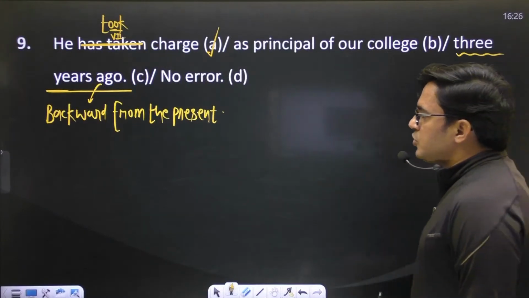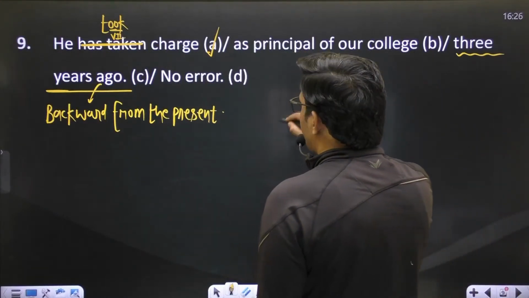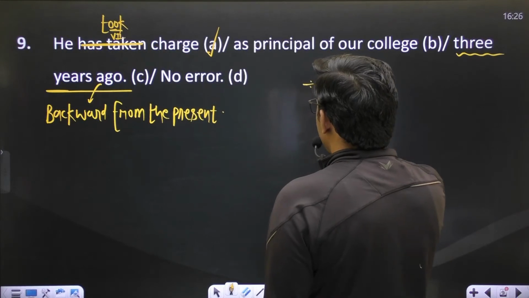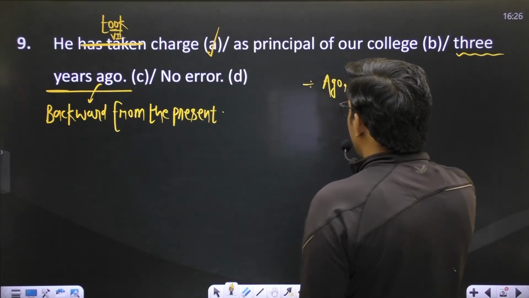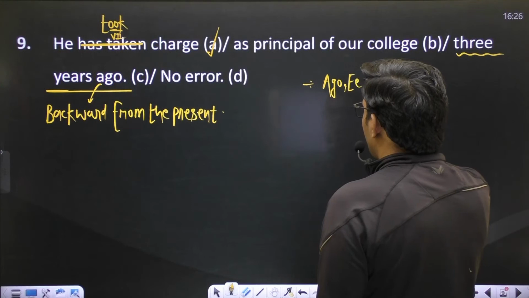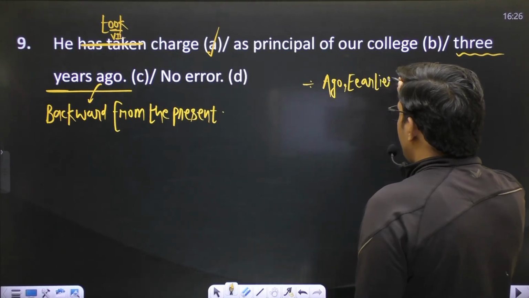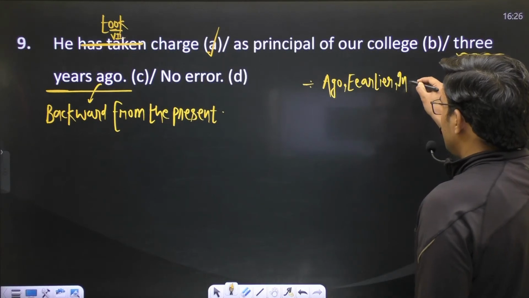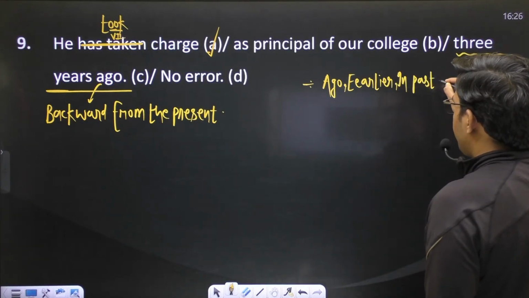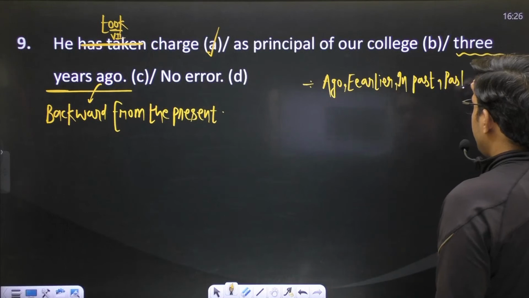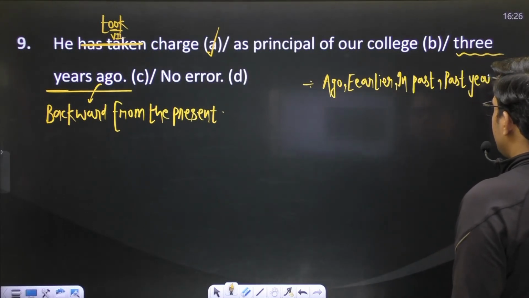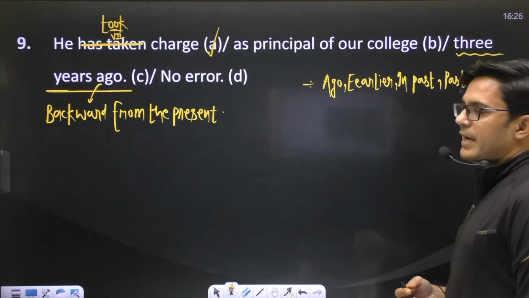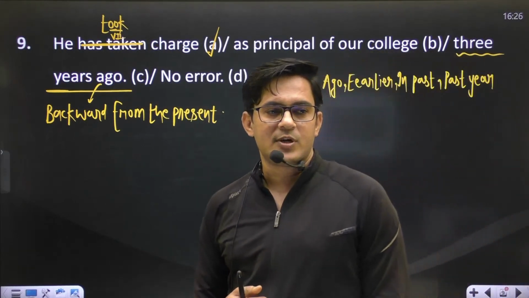And make it sure, apart from ago, so many words we have which demand past indefinite tense, like ago, earlier, or you can say in past, any past year, 2020, 2010, 1947, 1857, right?